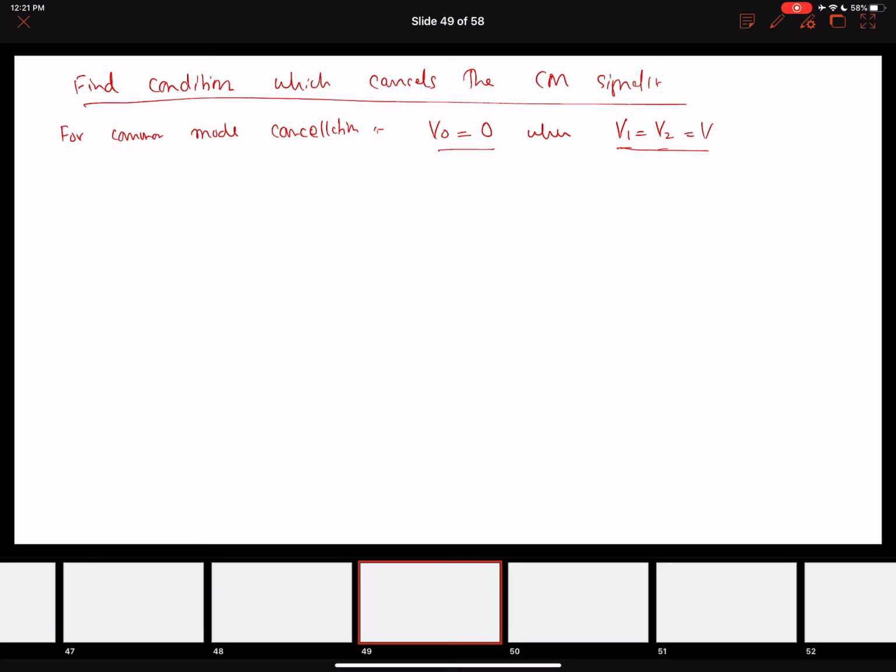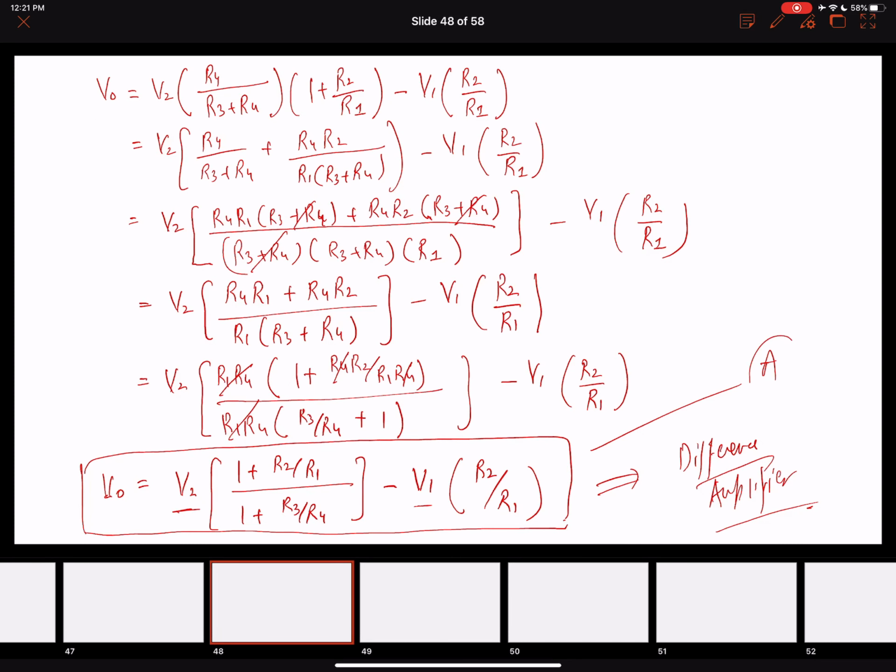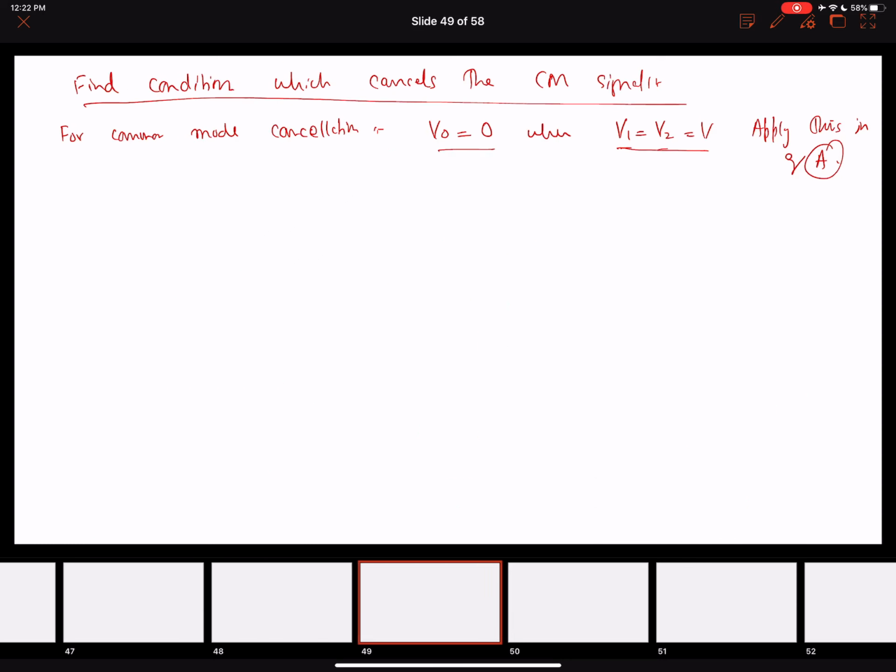So I'm going to apply this in equation A. Let's call this equation A. Now my output will be 0 and both V1 and V2 will equal capital V. So if I put down these numbers, 0 equals V into 1 plus R2 over R1 over 1 plus R3 over R4, minus V R2 over R1.